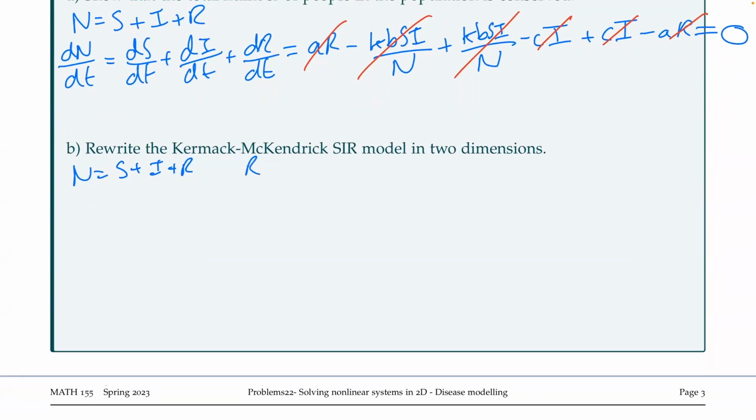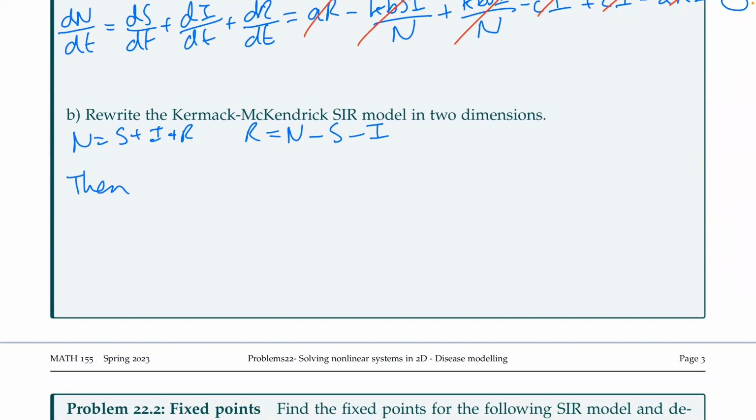But because we have this relationship, we can eliminate one of our variables. In this case, I'm going to eliminate R by writing N minus S minus I. If we know the number of individuals who are susceptible and the number who are infected, then because we know the total population size is N, we can immediately work out the last one. If you have two pieces of information, you can work out the third.